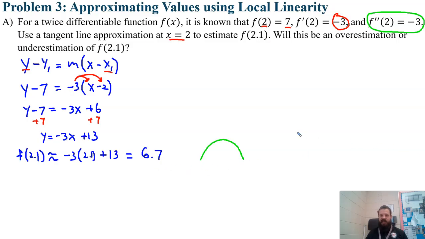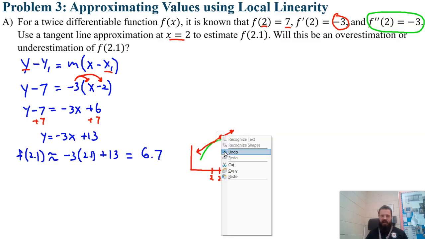When the function's concave down, the tangent lines are going to be above them. Okay, so if we can think of this as, again, we don't know what this function looks like, but if this is 2, we looked at 2.1. Okay, again, since we're concave down, that is going to be above that graph, which is why this is an overestimation.